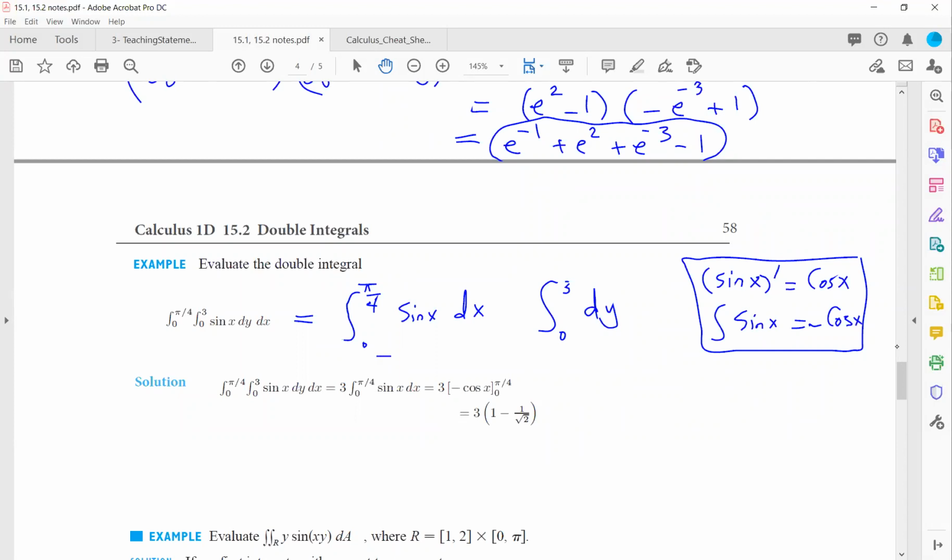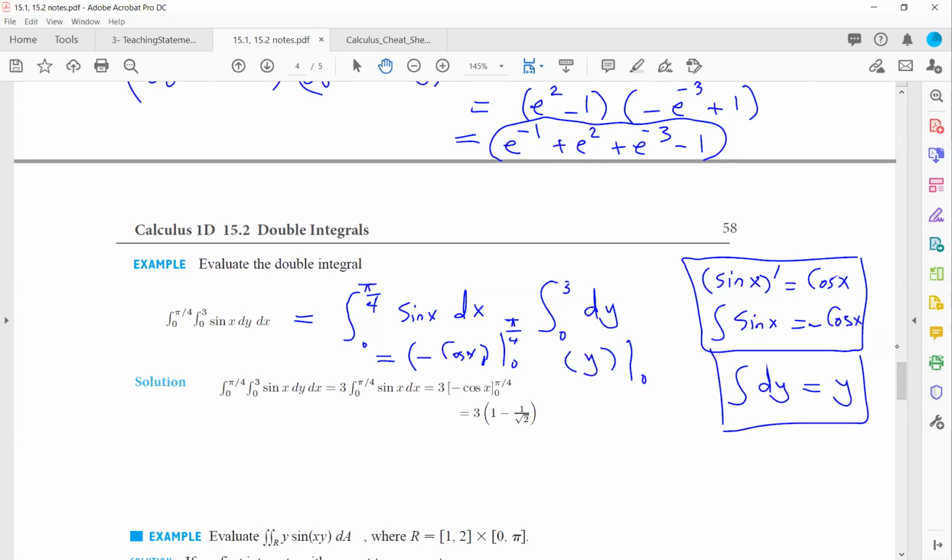So the first integral is minus cosine x, 0 to pi over 4, times, here you have 1. So the integral of dy is equal to y. You get y ranges between 0 to 3.